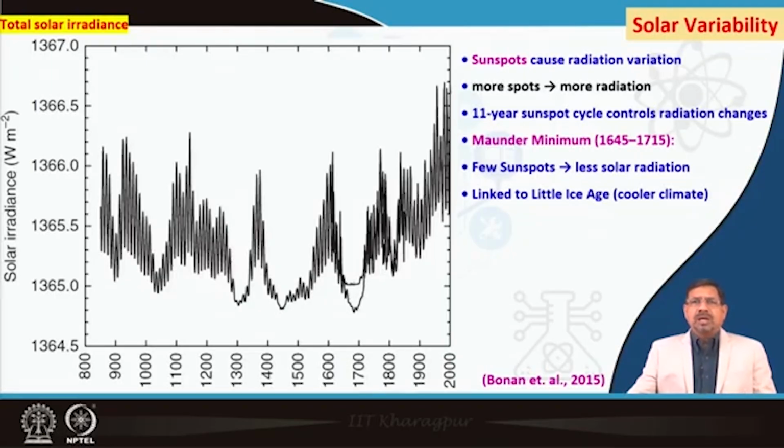So more sunspot activities, more radiation, relatively warmer climate. So this 11-year sunspot cycle controls the radiation changes, and in turn the variation of the sunspot number, few and more, leads to less or more solar radiation, reflecting in terms of little ice ages or more kind of fluctuation, right.